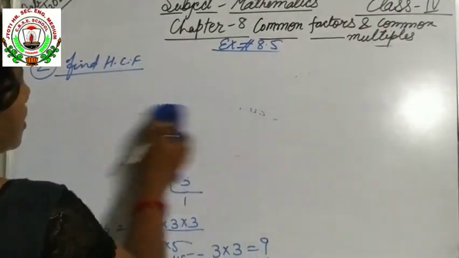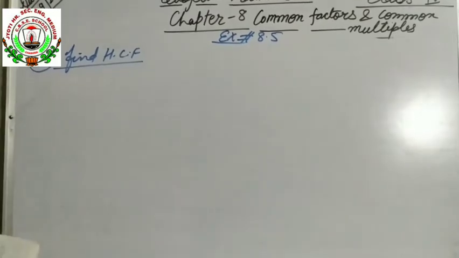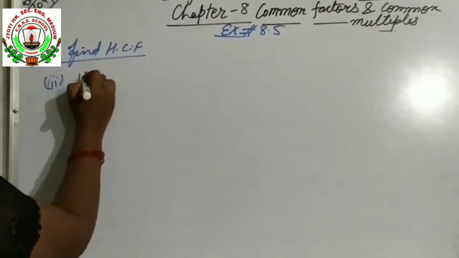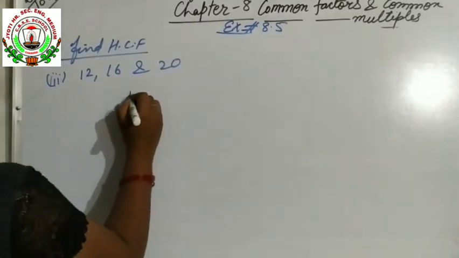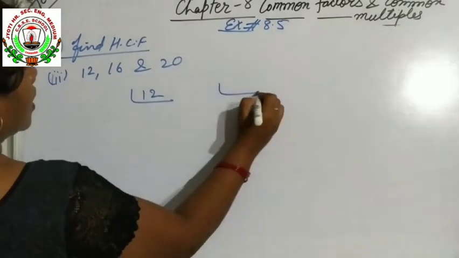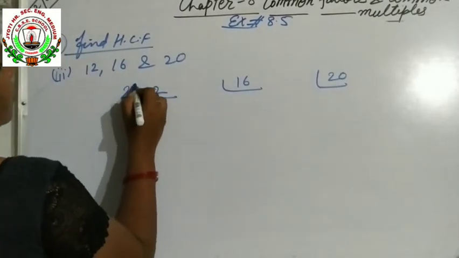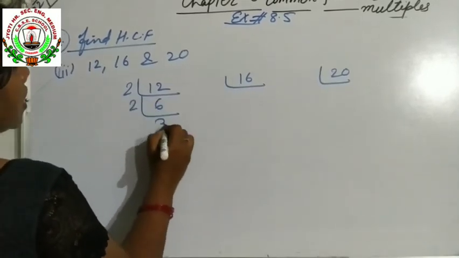Here 3 numbers are given. So we will see how to find the HCF of 3 numbers. Number 3 is 12, 16 and 20. First we will find out the prime factors of 12, then 16, then 20. When we divide 12, 2 sixes are 12, then 2 threes are 6.